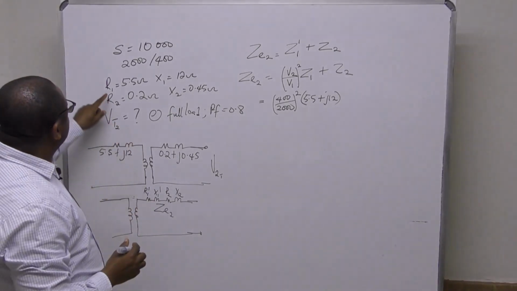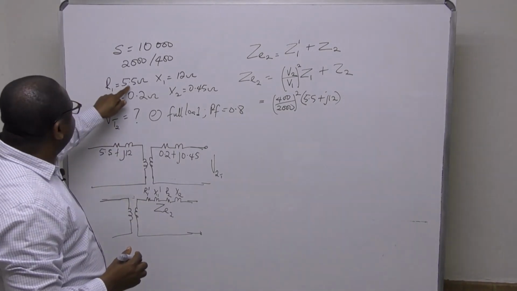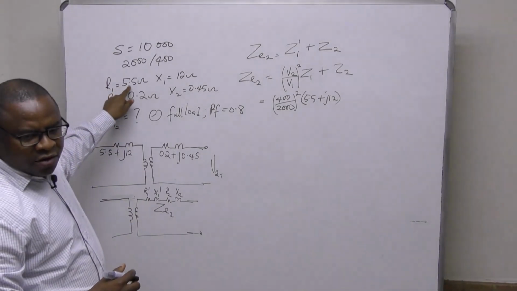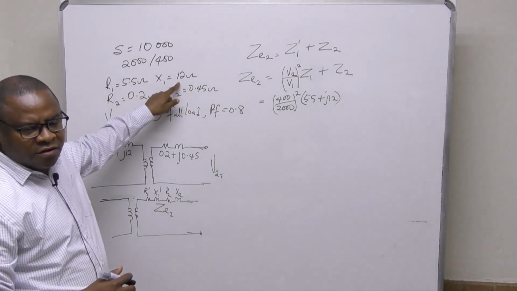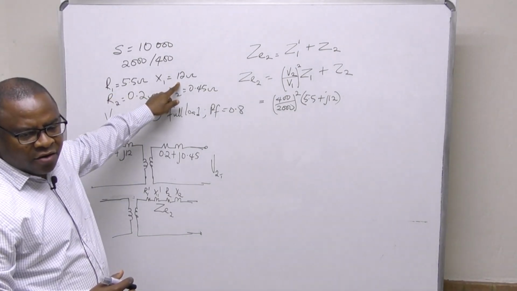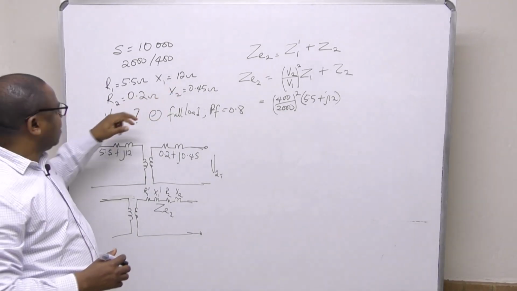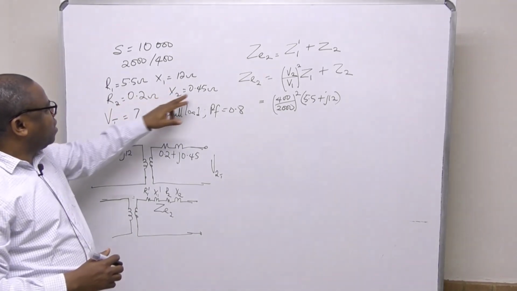Just to make sure things are in order: 5.5 plus j12, reactance is that, and then the secondary winding 0.2, and this is that.